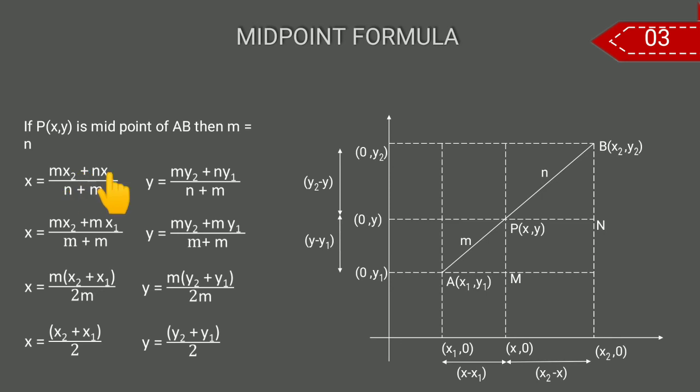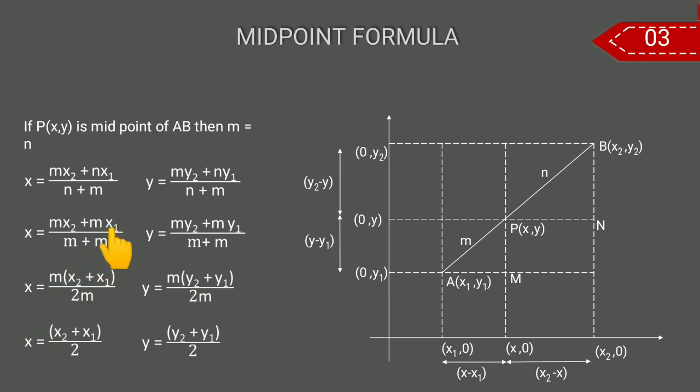Here P(x, y) is the midpoint of AB, so m is equal to n. This is the x coordinate of the section formula and this is the y coordinate. Instead of n, we put m. Therefore x is equal to (mx2 plus mx1) upon (m plus m), and in the same way y is equal to (my2 plus my1) upon (m plus m).